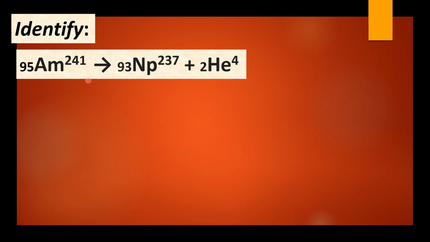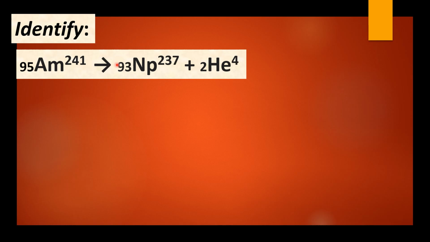The nuclear transformation described in this problem is when radioactive americium emits an alpha particle and transforms into neptunium. The nuclear transmutation is given in this equation. Americium has a mass number 241 and an atomic number 95.